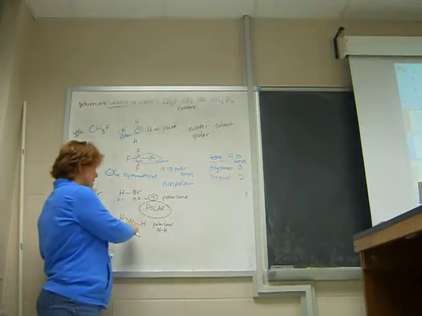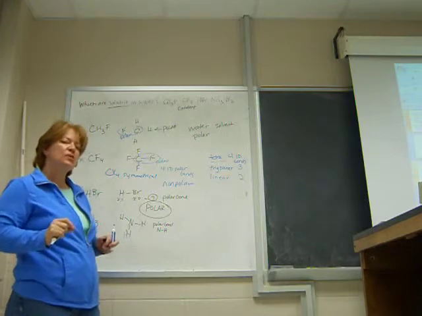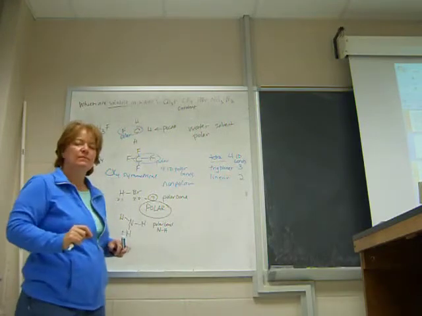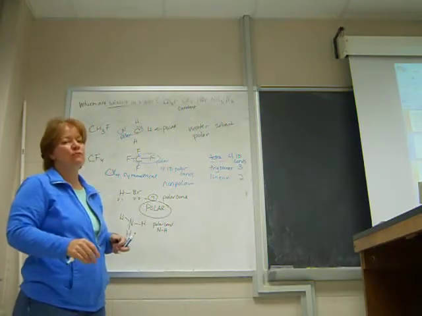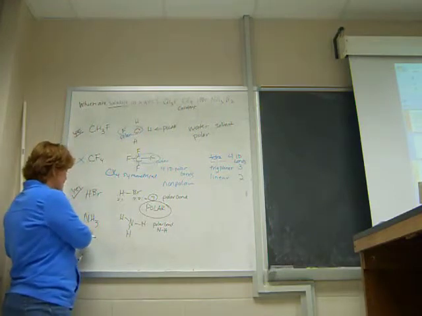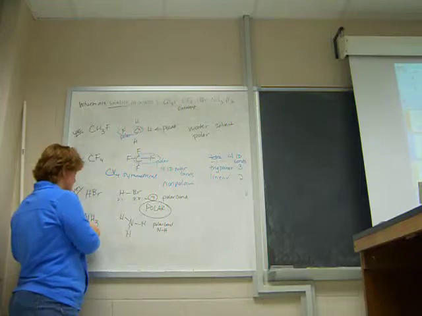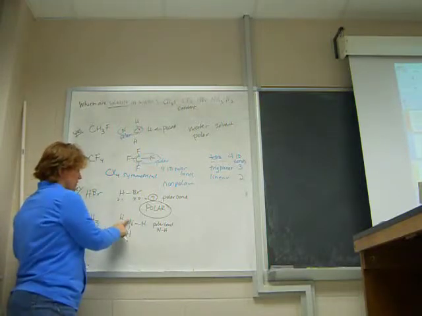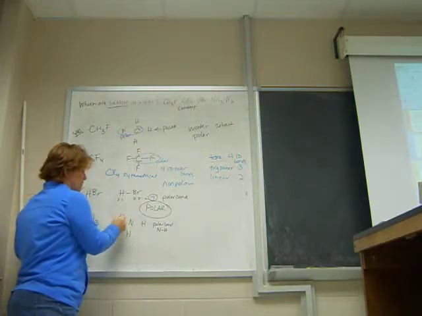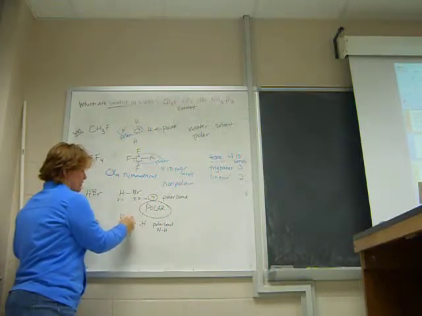I definitely have polar bonds. There are three identical ones. The question is, what is the shape? So I'm going to have to actually draw out the full Lewis structure for this. I know that we have a valence of 5 for nitrogen. Each one of these has a valence of 1. 1, 1, 1, 1, 2, 3, 4, 5.